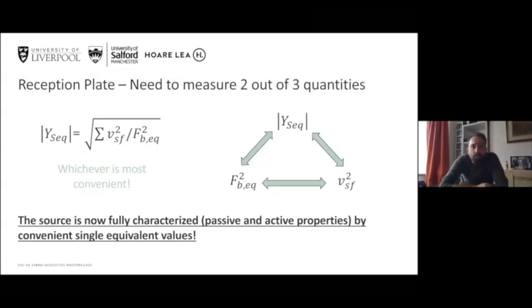So using the reception plate method, we basically need to measure 2 out of the 3 quantities, and then we can always calculate the third one. So we essentially can choose which of these 2 are easiest to measure directly, and then it will allow us to calculate the third. So by measuring any 2 of those quantities, you can fully characterize the source in terms of both its passive and active properties by convenient single equivalent values.